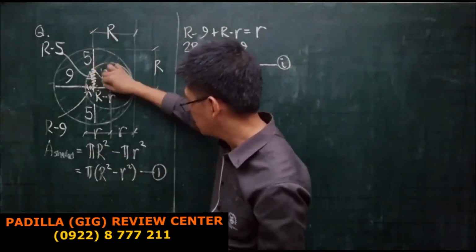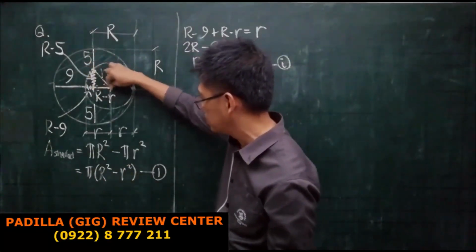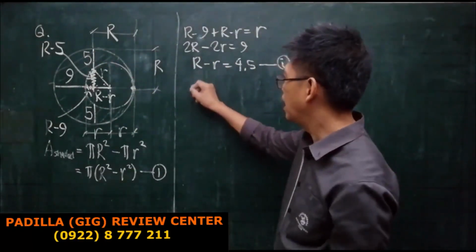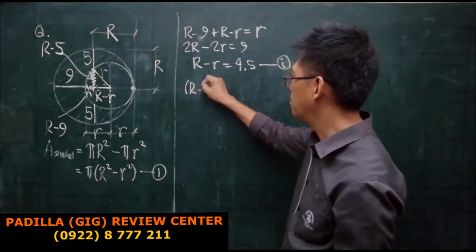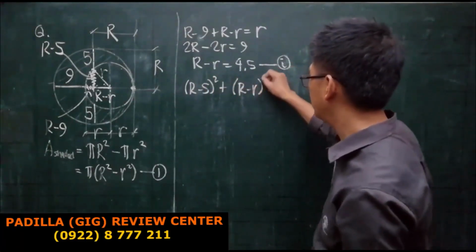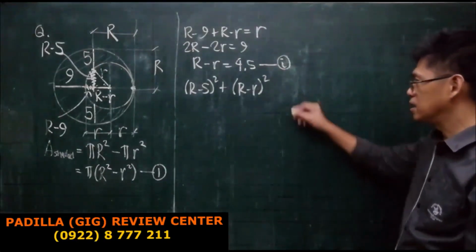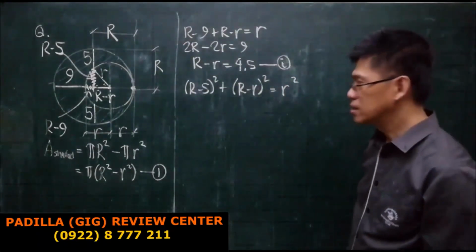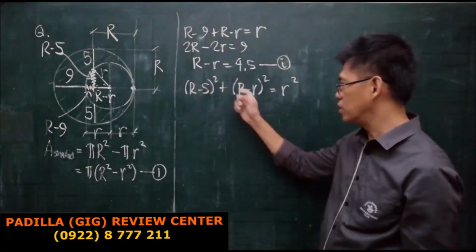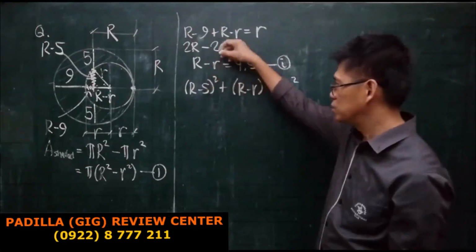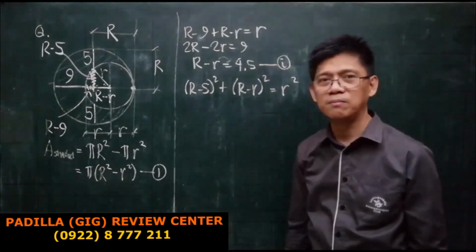So considering this right triangle, square of this plus square of this is square of that. So I have here (R minus 5) squared plus (R minus small r) squared is equal to small r squared. Substituting this to this, R can be replaced by small r plus 4.5.